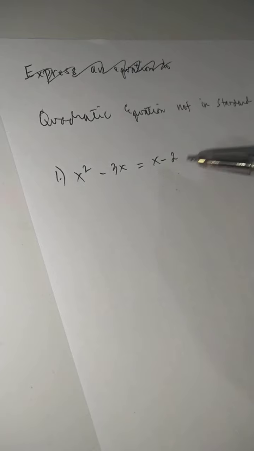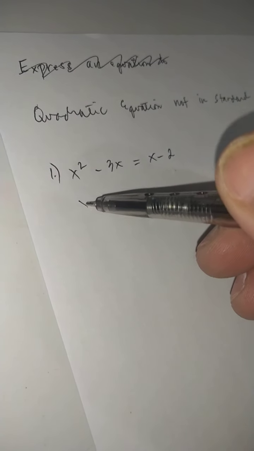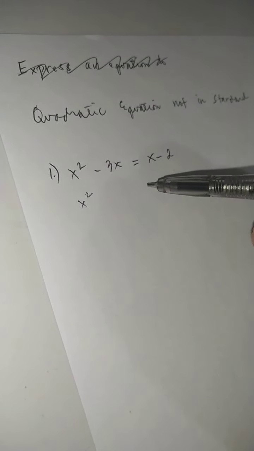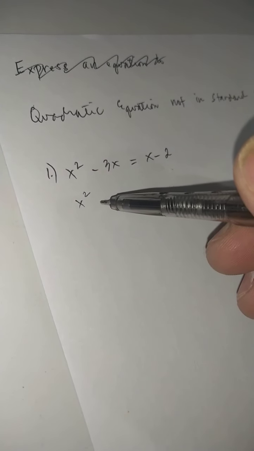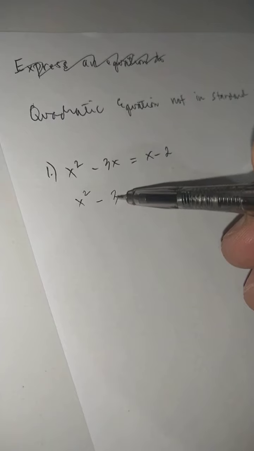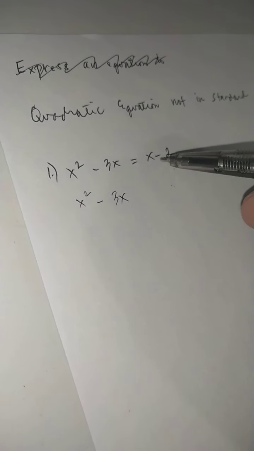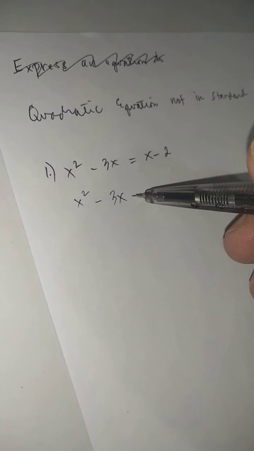First, we have to write all the terms on the left side of the equation. So we have x squared minus 3x. We have negative x by addition property of equality.